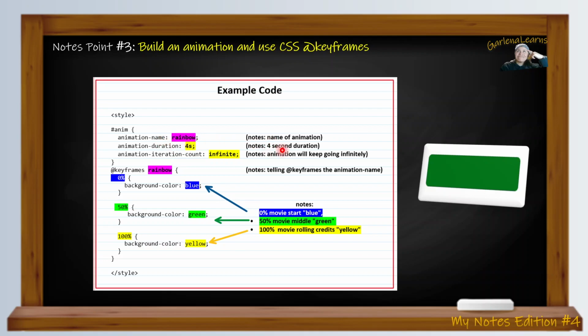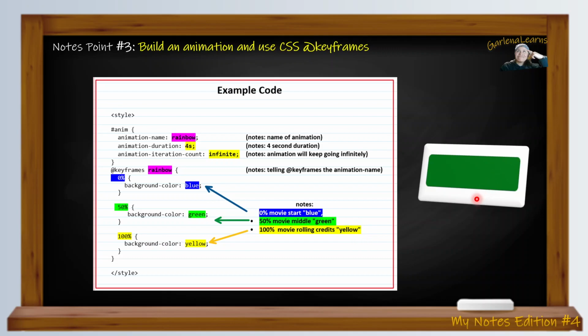The duration will be 4 seconds, and the iteration count is infinity, so that it keeps playing and playing and won't stop. Here's the at keyframes, and we want to plug in the animation name, and 0%, 50%, 100%. Like I said, it's like a movie. So where's it going to start? It starts blue, halfway through turns green, and at the end it should be yellow. And we'll see what that looks like.